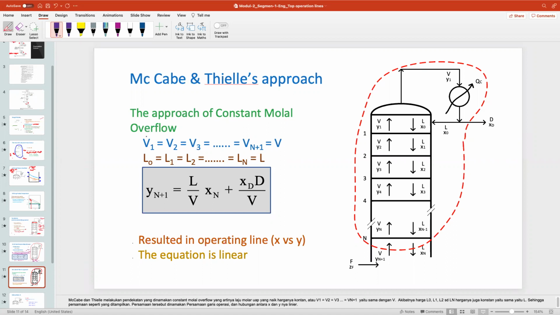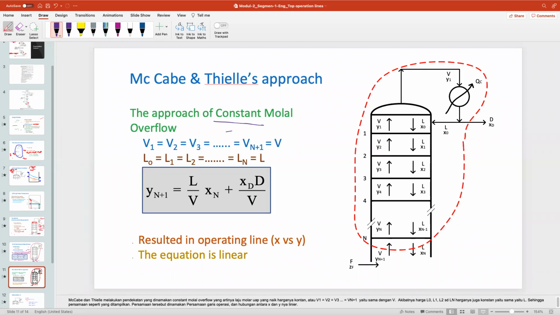The vapor and liquid are in contact, leave those stages, and then are in contact again. So the amount of vapor and liquid is not really changing, so we assume a constant molar overflow.